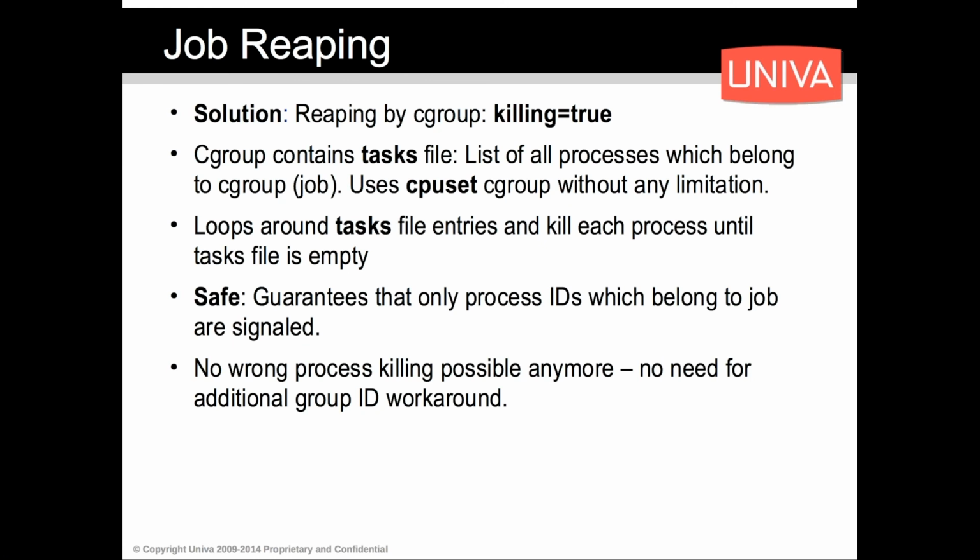Looping around that file and sending a kill to all processes until this file is empty guarantees that only processes which belong to a job are signaled. You cannot signal too many processes because they are not part of the UNIVA Grid Engine cgroup hierarchy.